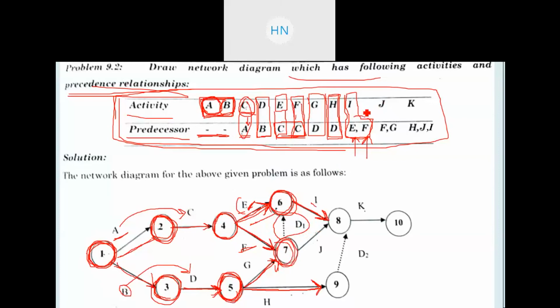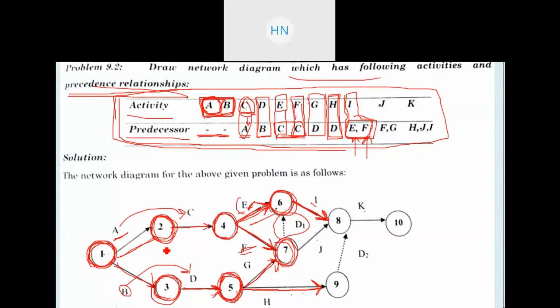Here you need to concentrate that I has two predecessor activities, that is E and F, right? So for E it is easy to get the activity out from event number 6, that is I. But for activity F we cannot have a parallel network or the same arrow coming out from the same event.